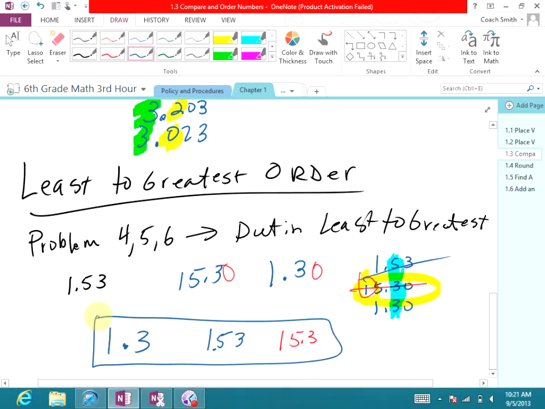Now, you will notice that when I wrote the answers, I used the original numbers. I didn't put 1.30, I put 1.3. I did put 1.53. I didn't put 15.30, I just put 15.3. So when you list them in least to greatest order, make sure you list the original numbers.